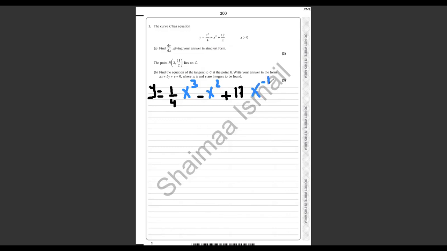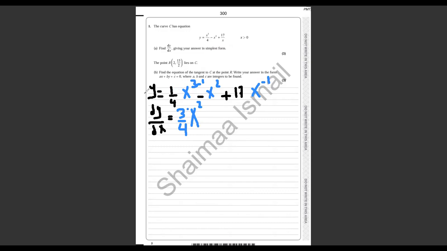Okay, and now we are going to do the dy over dx, the derivative. So this will be equal to, we have to bring the power down, multiply by the power, then subtract 1. So we say 3/4 of x, subtract 1, so it will be squared.